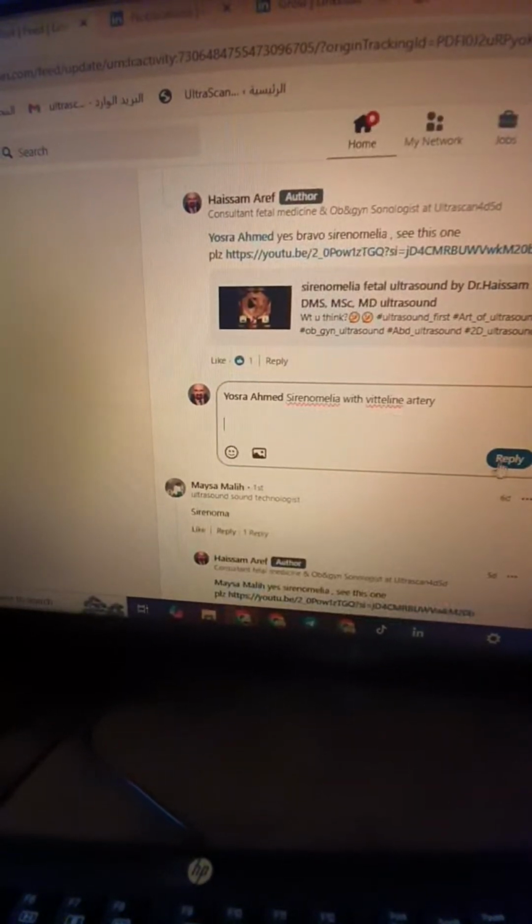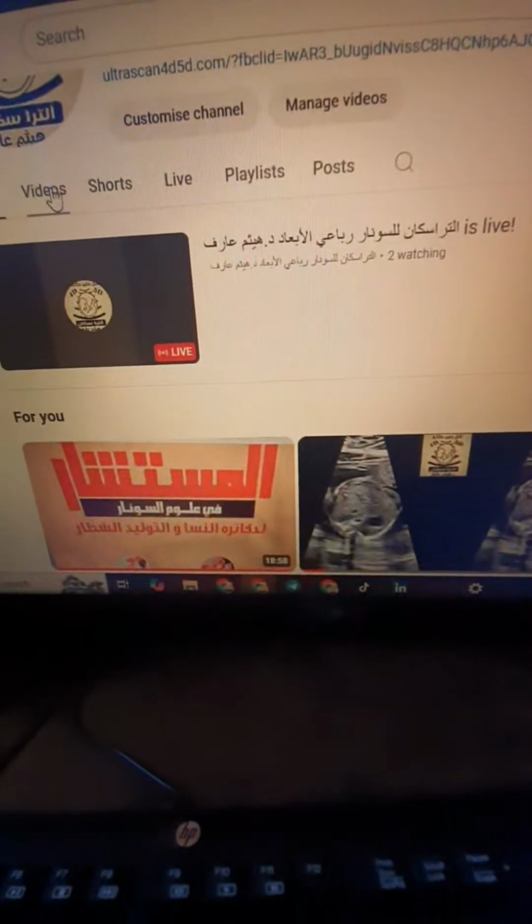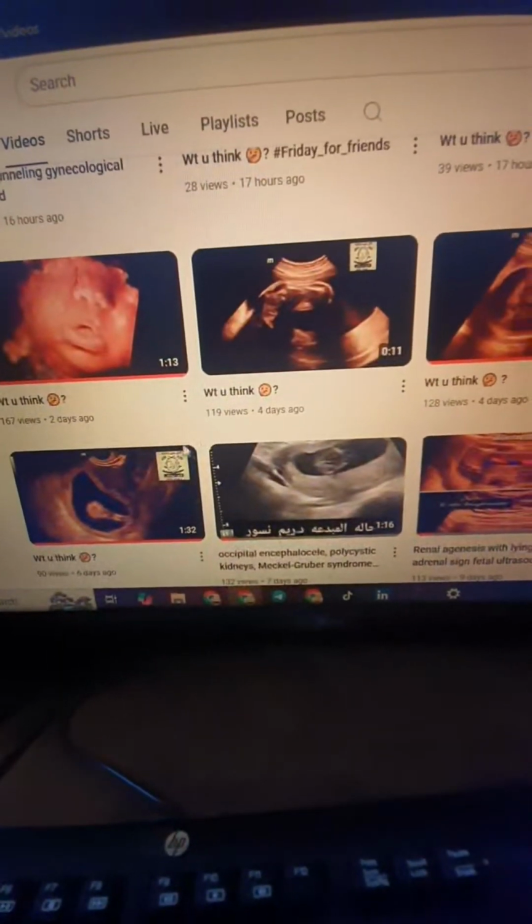Sirenomelia with vitelline artery, not single umbilical artery. Okay, I will go and change our blog. We will change our blog here.